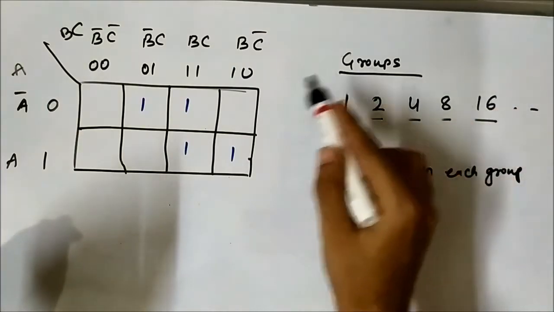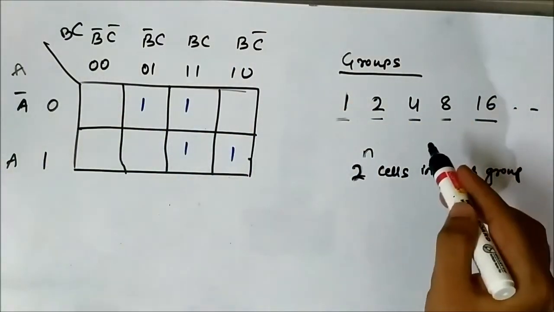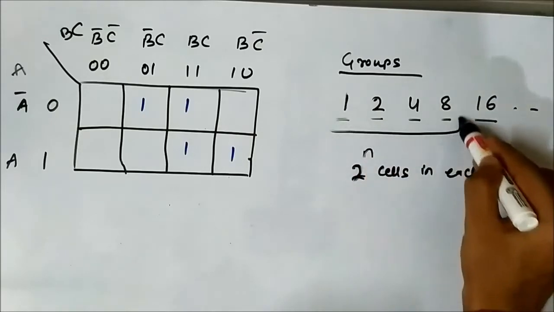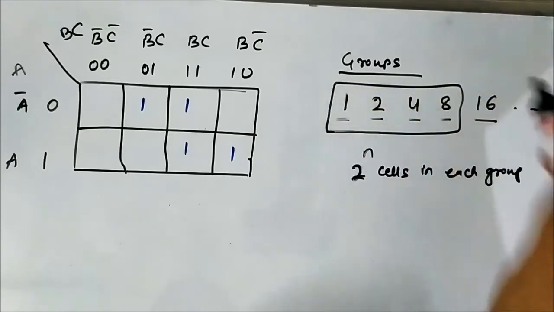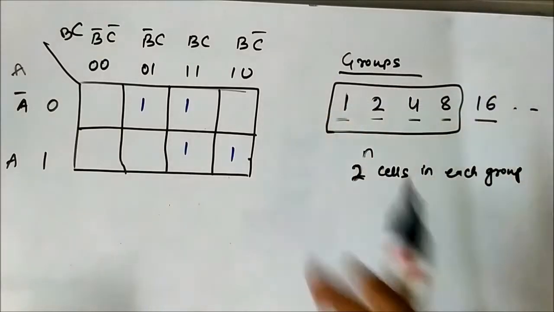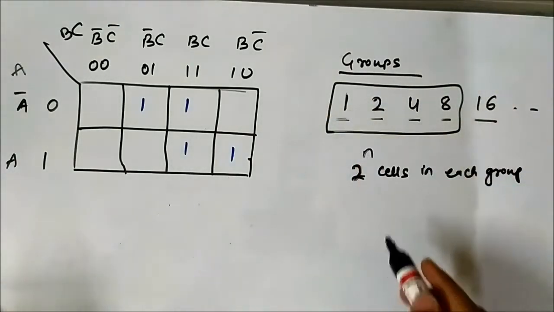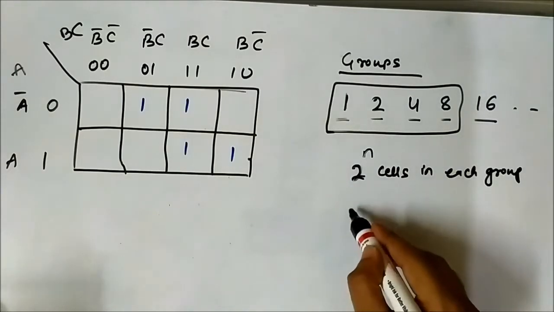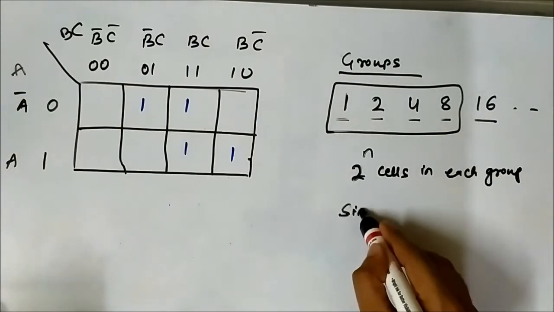But mostly in 3 and 4 variable K-map you will be performing these groups up to 8. A 16 cell group is a very rare case in 3 and 4 variable. So here when one cell is there, only one cell grouping is done, that is a single cell grouping.